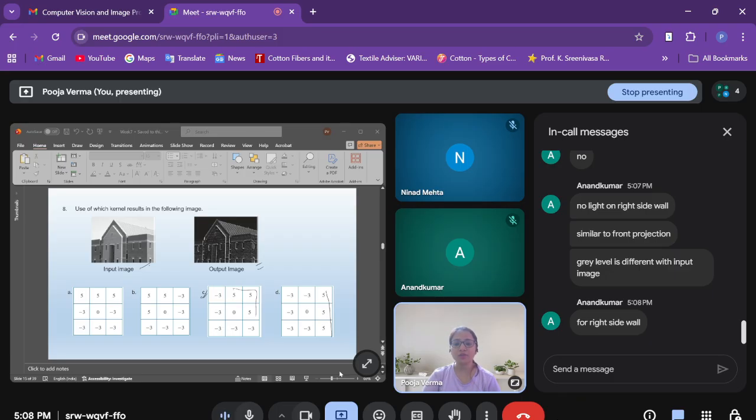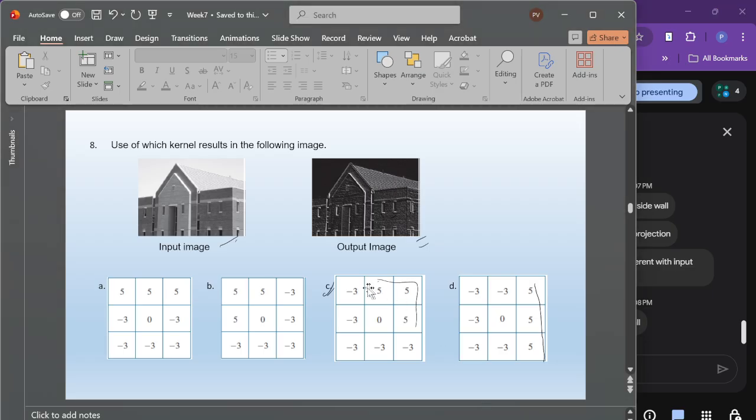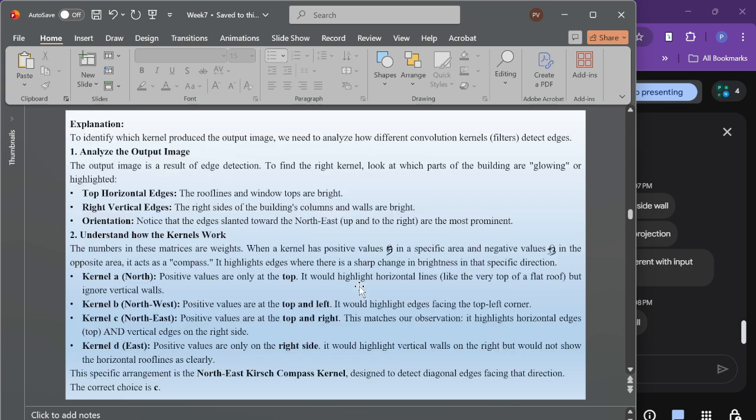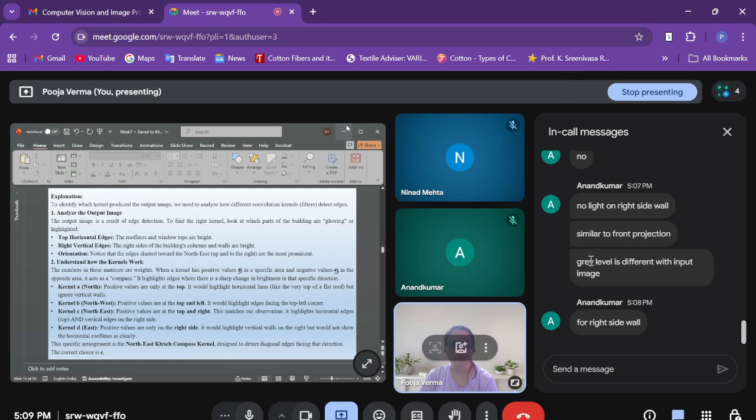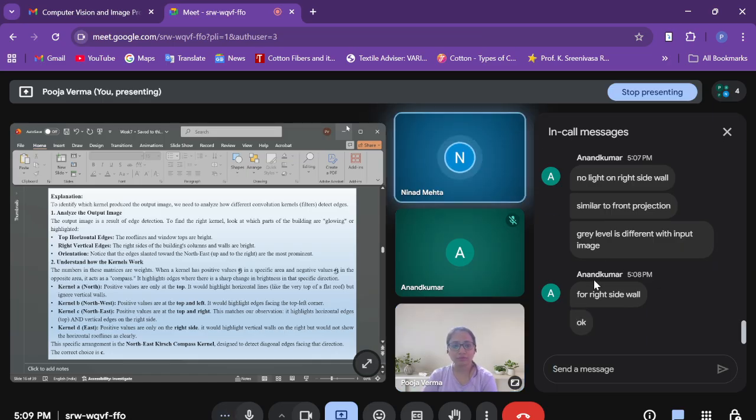There is a concept of positive and negative numbers, which we have already explained here, right? If it is a positive number, then it is glowing more on that side. If it is negative, that means the contrast or the edges are less detected. Is it fine to you, Ninad? Yeah, ma'am. It's fine.